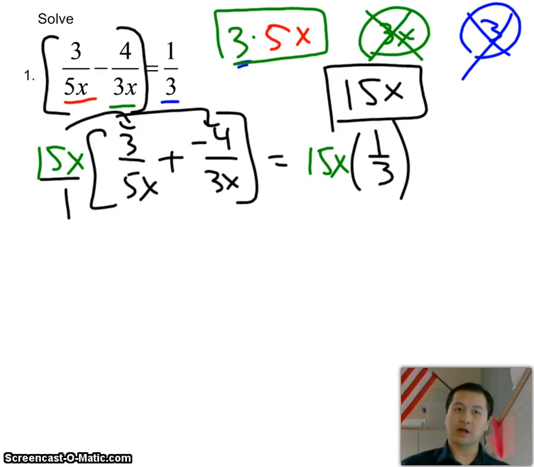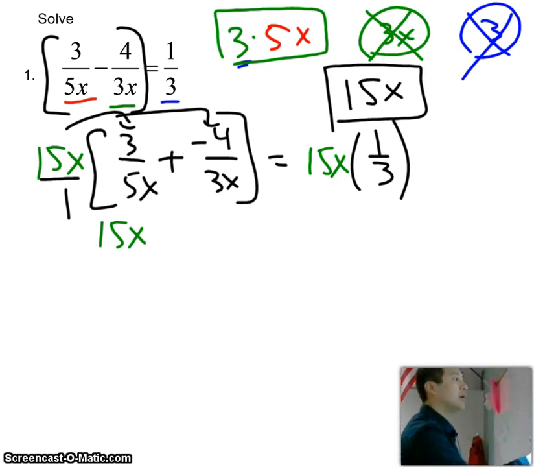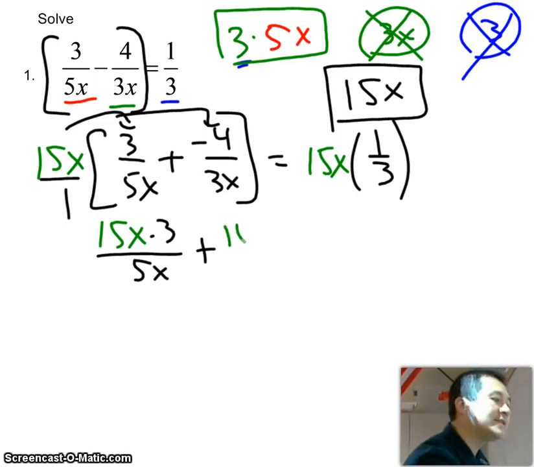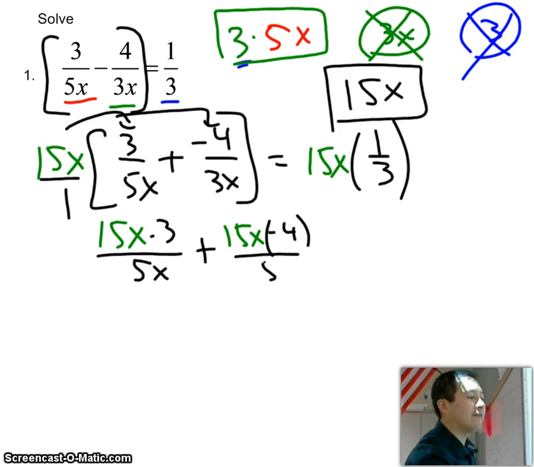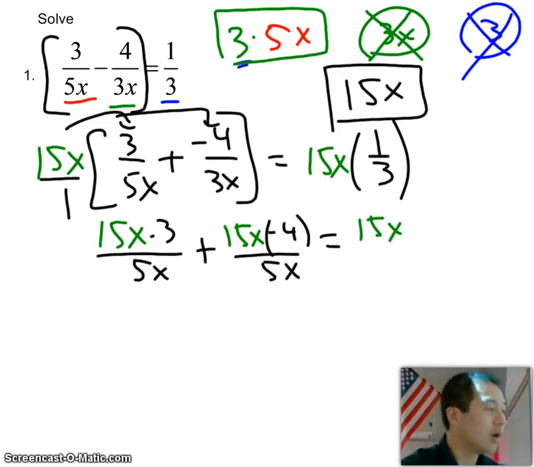Because this is a fraction, no? Take a look. This is 15x times 3 over 5x. Everyone see that? Distribute to the next one, plus 15x times negative 4 over 3x equals 15x over 3.